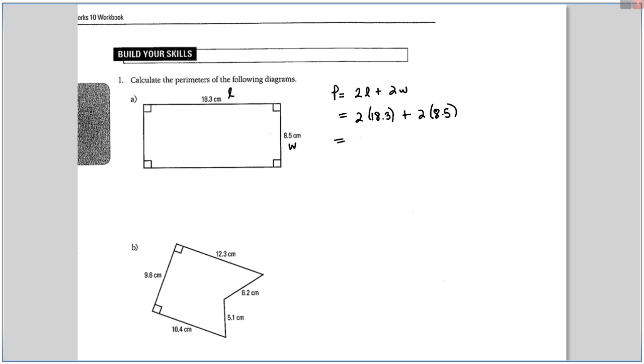And you can do it that way, or you could literally just add up all the sides, and I'll show you that in a second. So with perimeter, the units are just units of length.